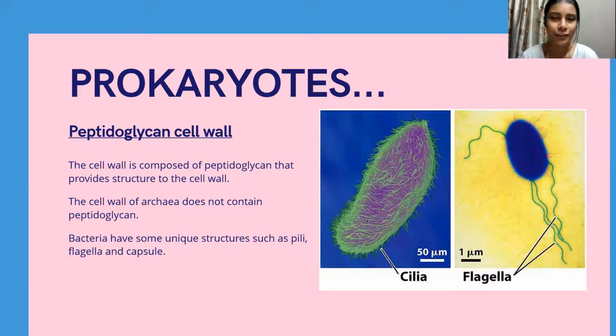Archaebacteria are those bacteria that are found in very extreme environments like hydrothermal vents or very hot spring water. So archaebacteria do not have peptidoglycan, and other than that, all the bacteria have peptidoglycan. They have special appendages like pili, flagella, and capsules.